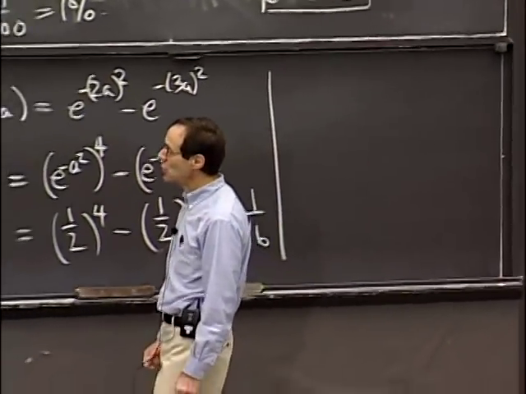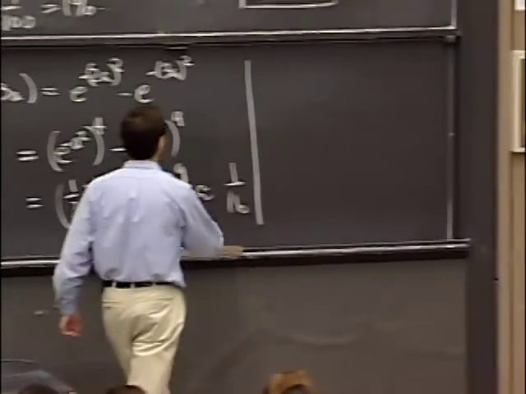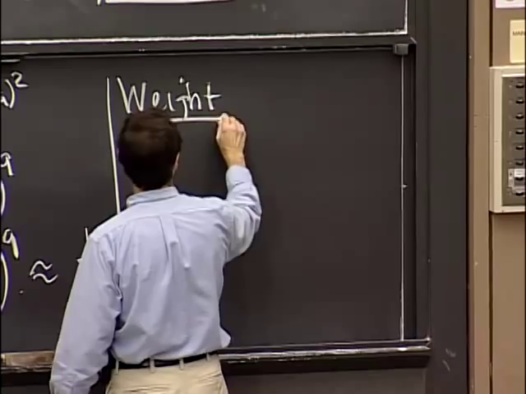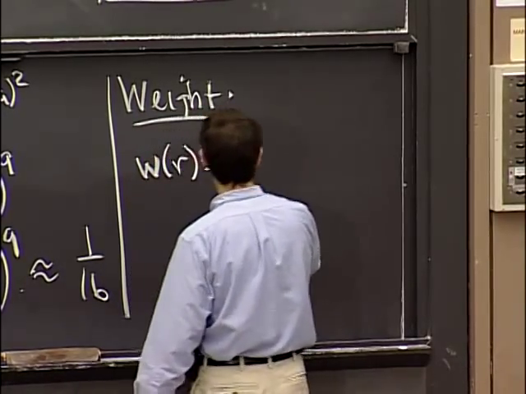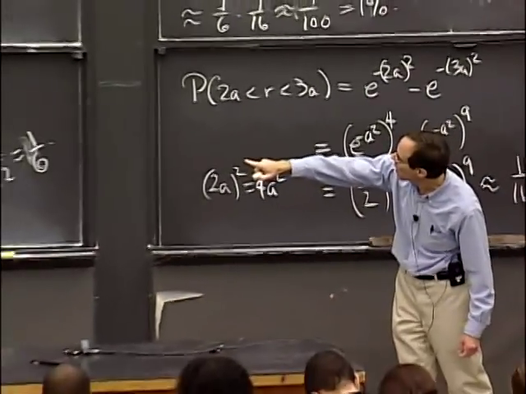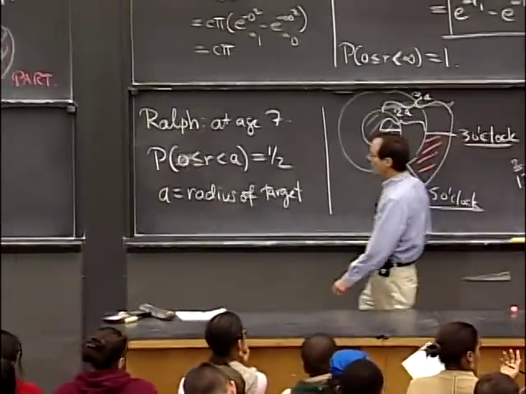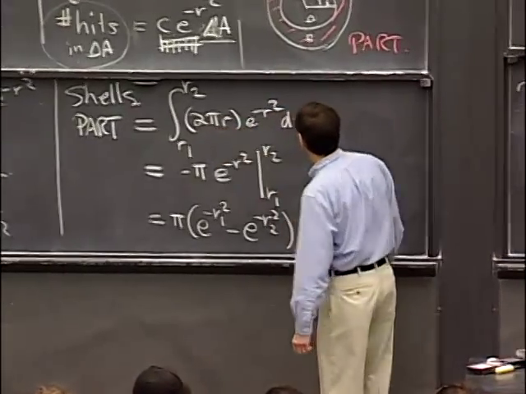This is connected to weighted averages or integrals over weights. But the weight that's involved in this problem was W of R is equal to... let's just look at what happened in all of those integrals. What happened in all the integrals was we had this factor here, 2 pi r.